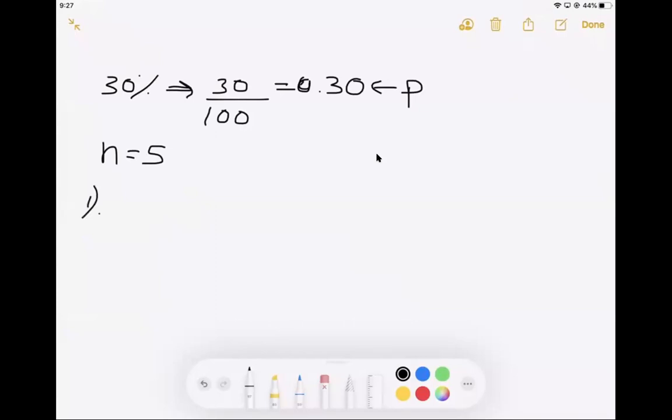What is the probability that none of them will have a part-time job? None of them means x should be 0. Write it as this expression. So you have to find this one. Now we know what n and p are, and x is 0. Now use the table.